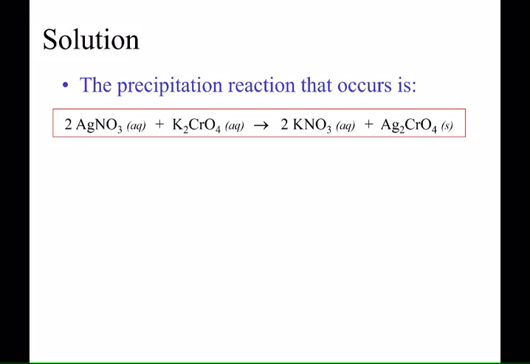When you run into this on a test, I don't know if I'll blatantly ask you, but I will be looking for this. This is showing you the exchange reaction between the 2 salts. We have silver nitrate and potassium chromate switching partners, and we end up with potassium nitrate and silver chromate.